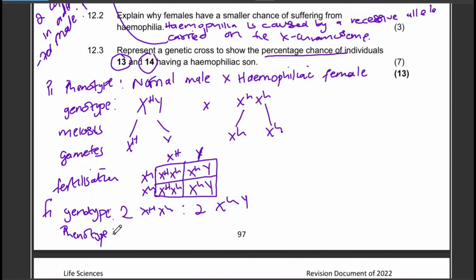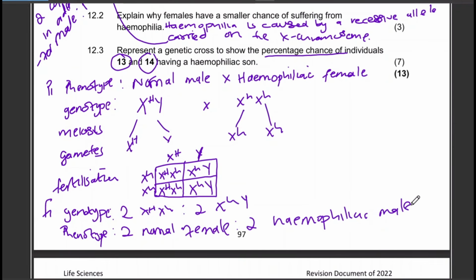Phenotype: 2 normal female, 2 hemophiliac male. I'm just double checking. Yeah. Let's see.